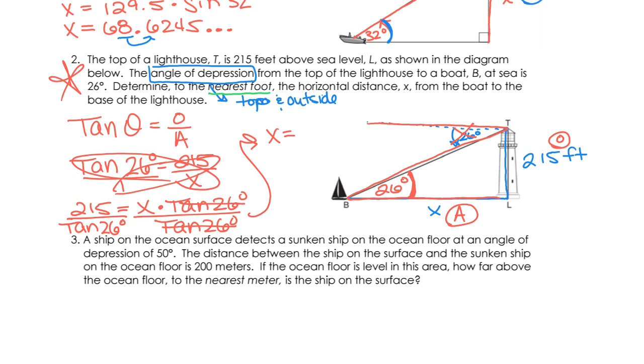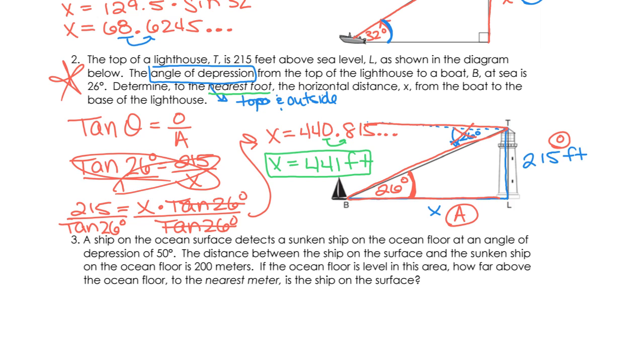Type it in: 215 divided by tangent of 26, and we end up with 440.815... They said to the nearest foot, no tenth, no hundredth, no thousandth, so the nearest whole number is what they want us to round to. That rounds to 441 feet, and that's the distance from the boat to the bottom of the lighthouse.